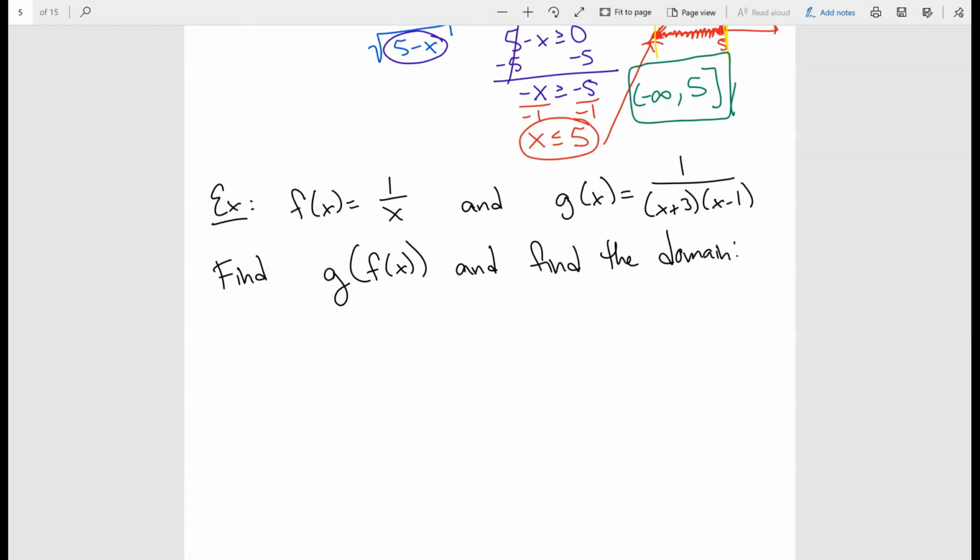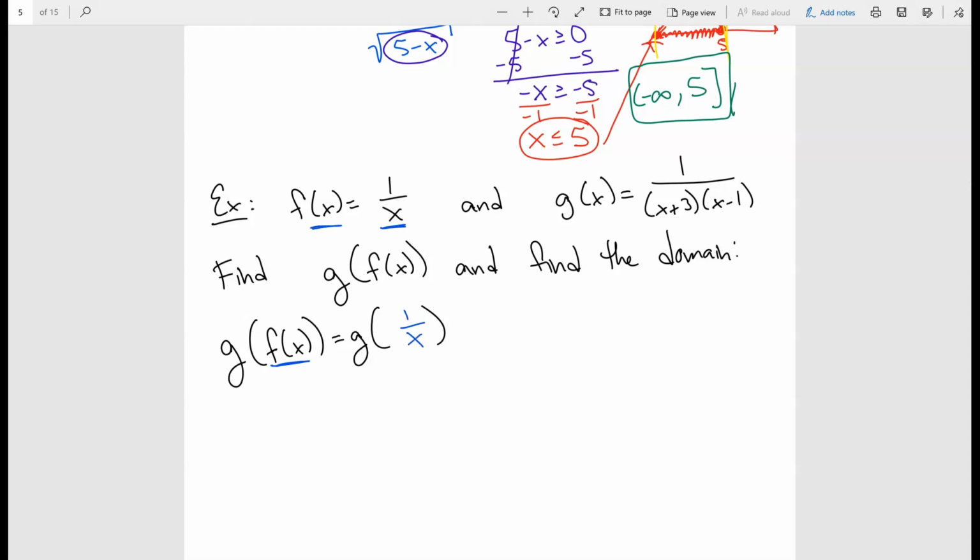In this case, we're plugging f into g. So if I write g of f of x, well, f of x is just equal to 1 over x.